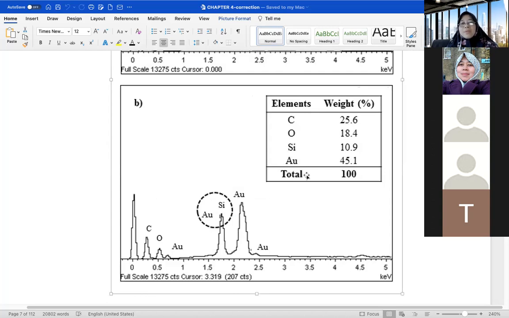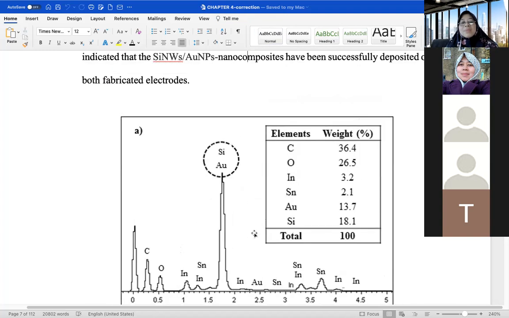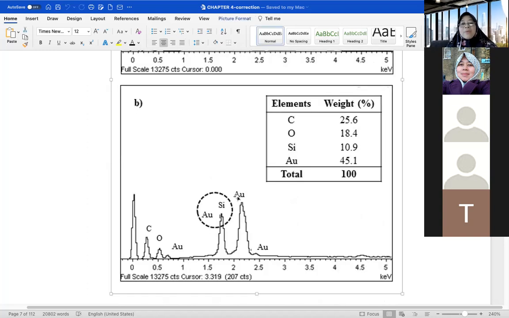It's not absolute value, but it's the percentage on the surface of the material that you are modifying. So here gives you evidence that you have silicon nanowires as well as gold on that electrode. So very important to give evidence.